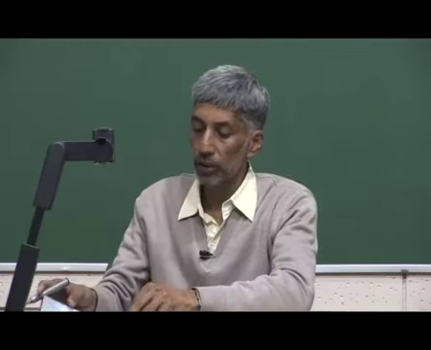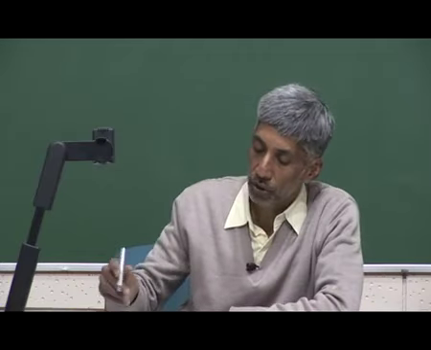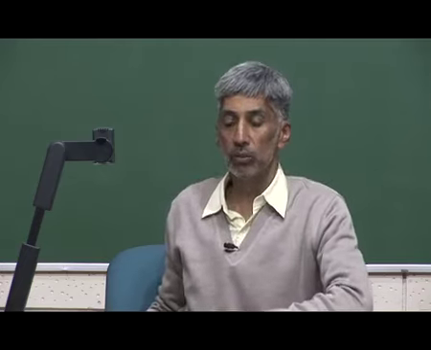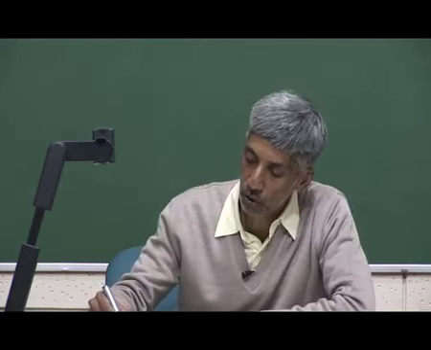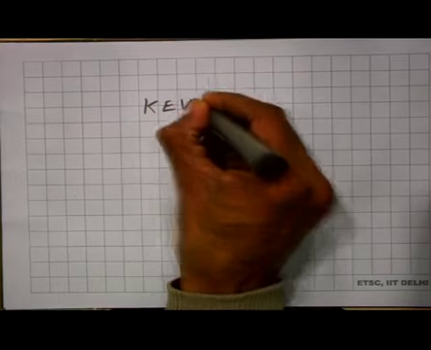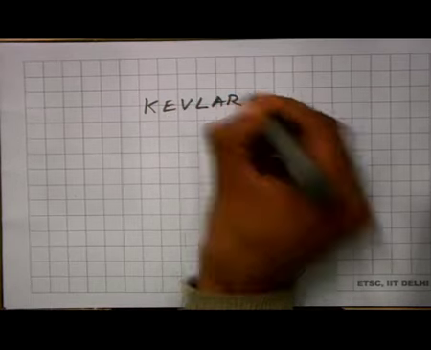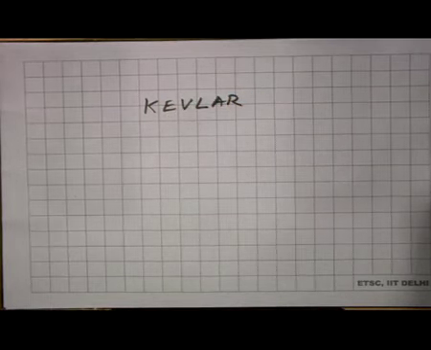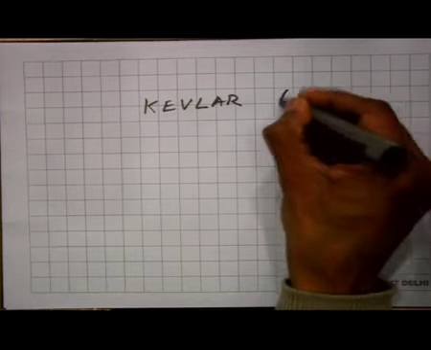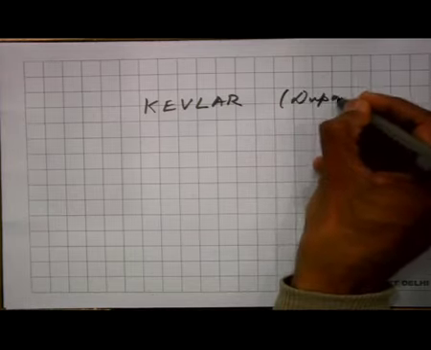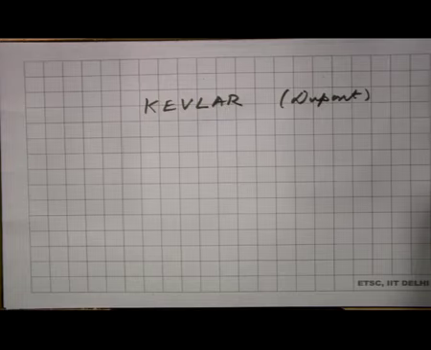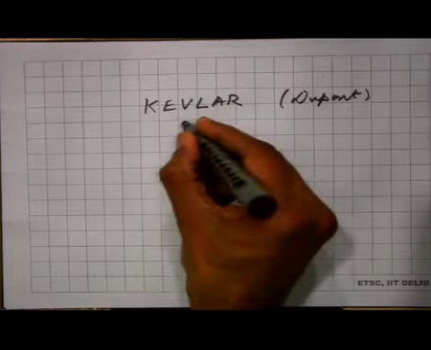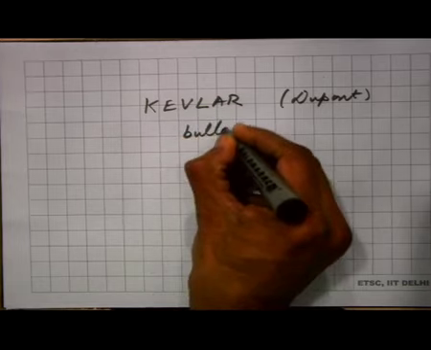There is a very good example of a molecule which is extensively hydrogen bonded, and this is what is called Kevlar. This was developed by a company called DuPont somewhere in the 1950s, and this is a very, very strong material which is used for bulletproof jackets and things like that.